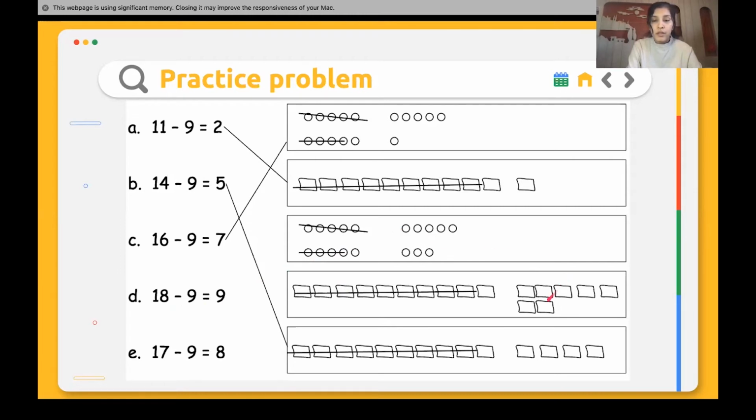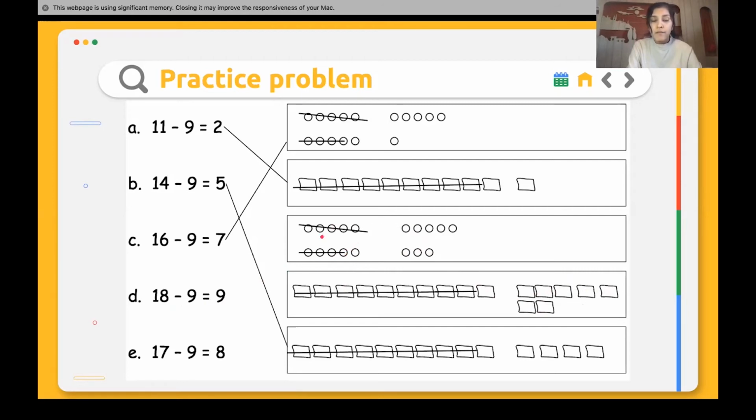Let's see this one. This one has 5 right here. That has 6, 7, 8. Can't be that one. So let's double check this one. It has 5, 6, 7, 8, 9. So 18 minus 9 equals 9.